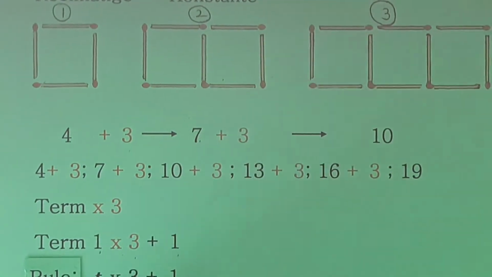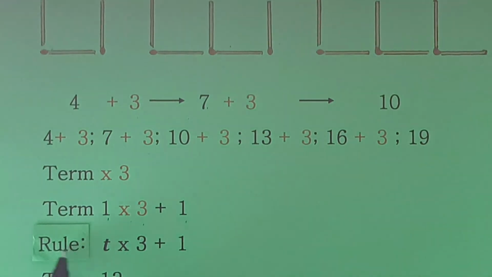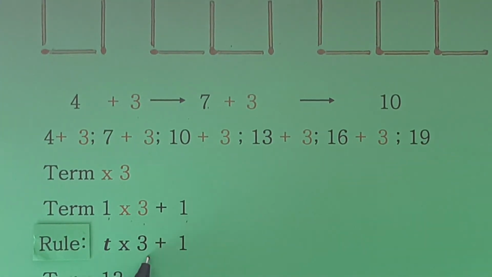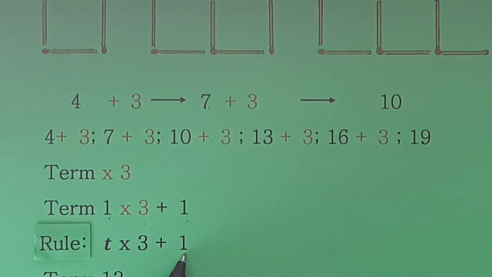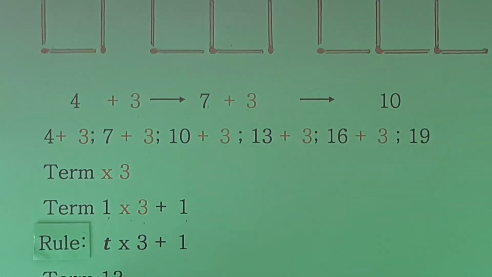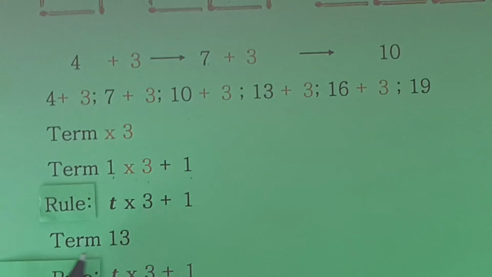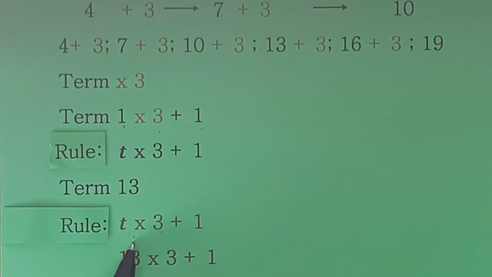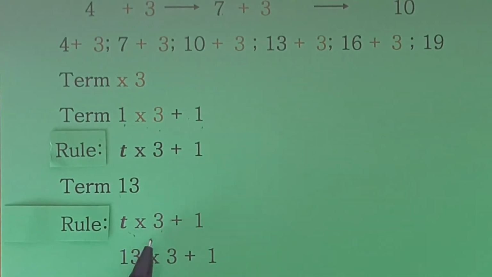So your rule, remember always first write down your rule. Your rule will be term times by 3 plus 1. So to determine term 13, first always write down your rule, term times by 3 plus 1.